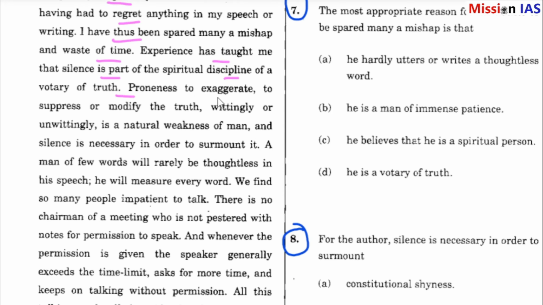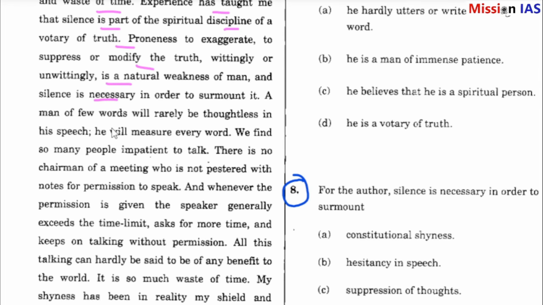Proneness to exaggerate, to suppress or modify the truth, wittingly or unwittingly, is a natural weakness of man, and silence is necessary in order to surmount it. A man of few words will rarely be thoughtless in his speech. He will measure every word.